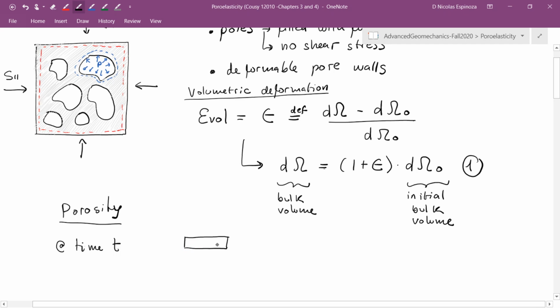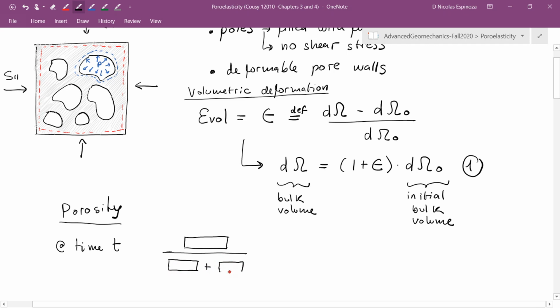So here with this empty rectangle, I mean the pores, divided by the total bulk volume, which is the solid and the pores. This is the definition of porosity.